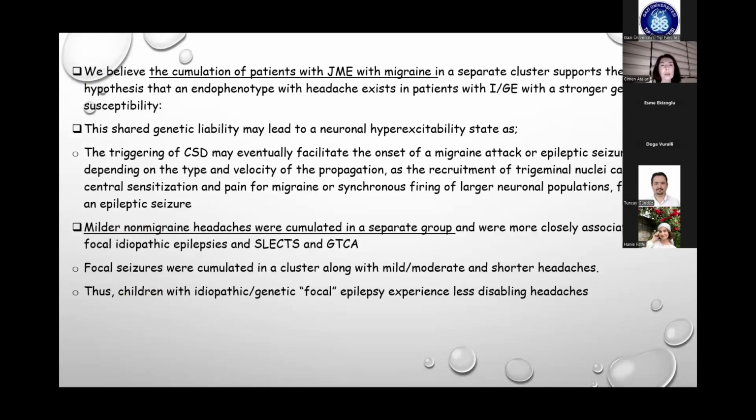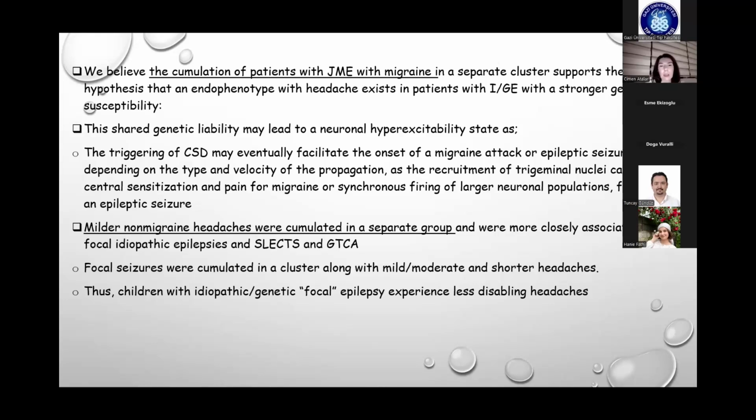We believe that the cumulation of patients with juvenile myoclonic epilepsy with migraine in a separate cluster supports the hypothesis that an endotype with headache exists in patients with idiopathic generalized epilepsy with a stronger genetic susceptibility.